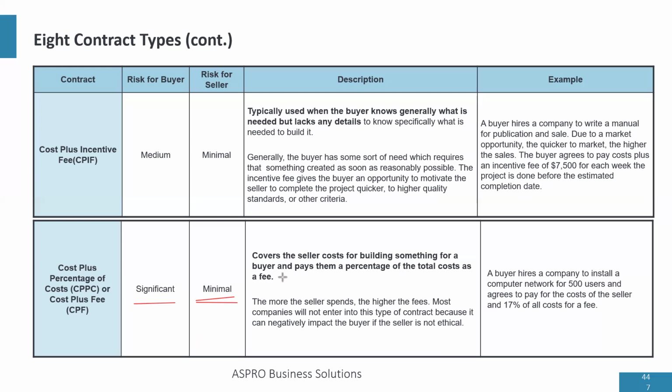So imagine a seller that is going to look for the most expensive material only so that they can get more money, right? And so a lot of companies run away from this type of contract.